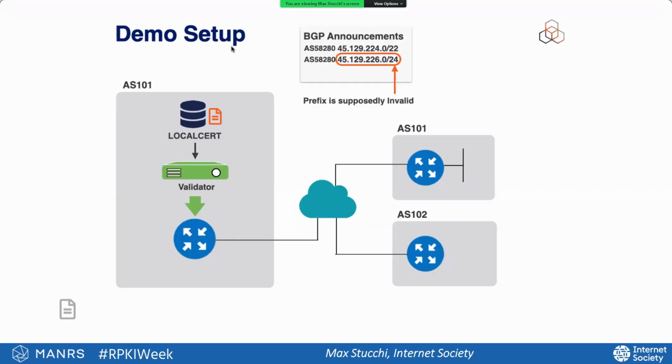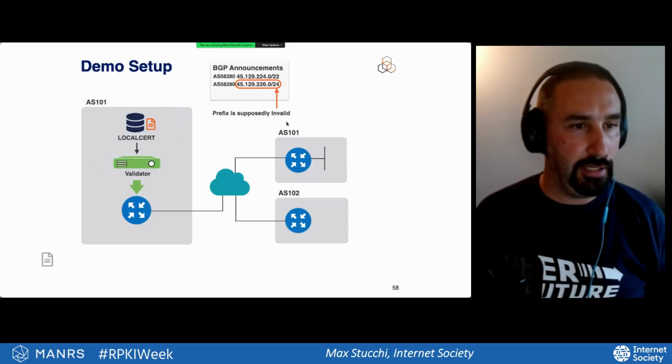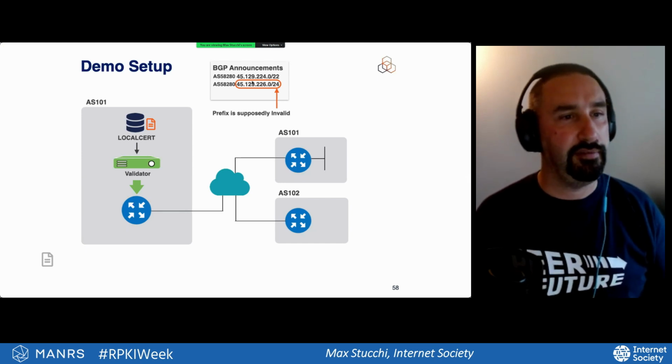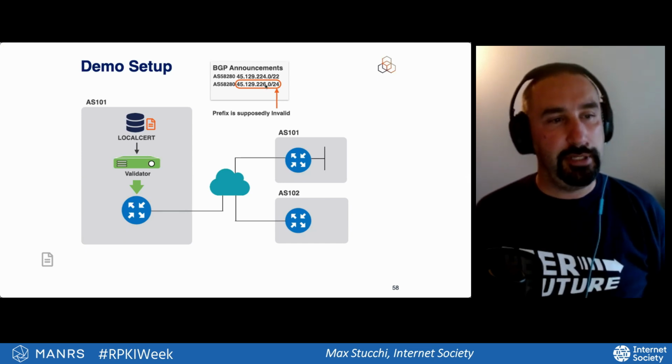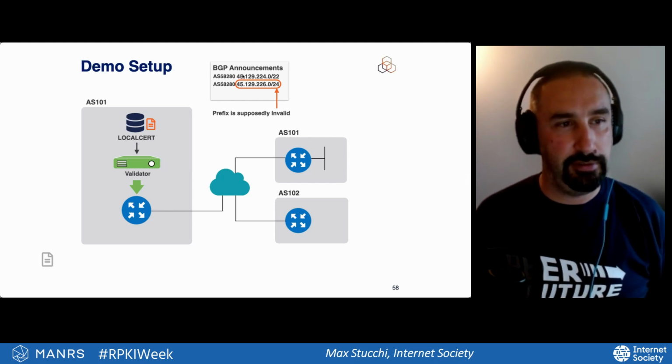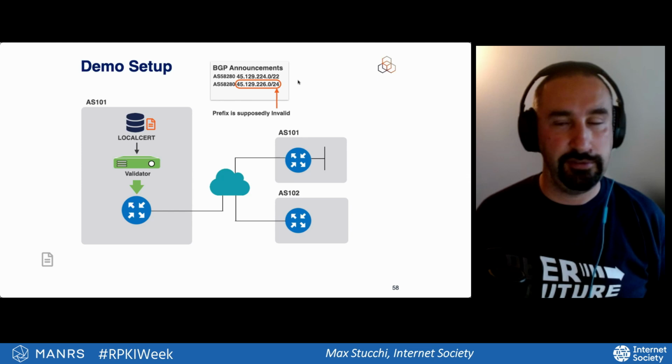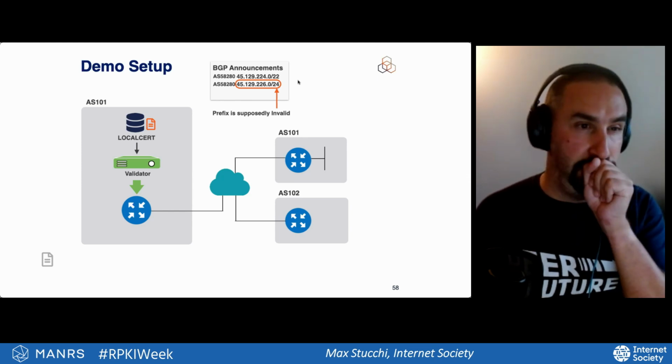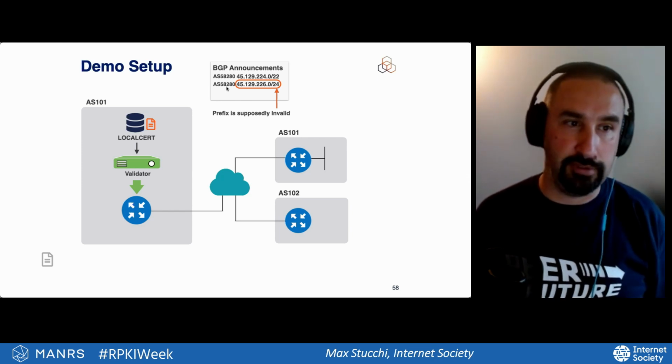So what we have is a situation where, I had corrected this, but I didn't save it. Remember that we have a ROA for AS58280 originating this /22. That's the ROA we've seen in my LAR portal.